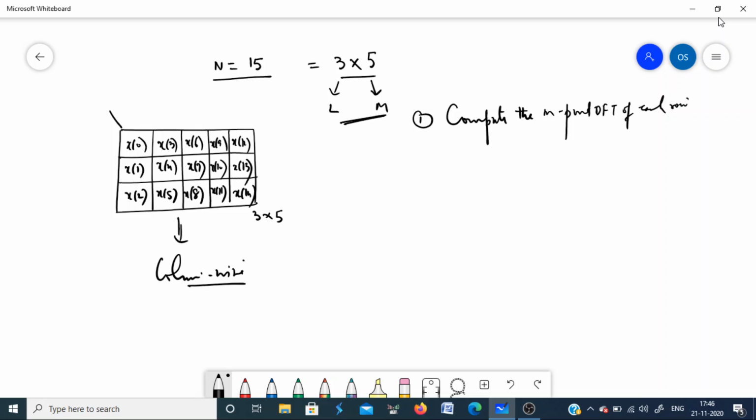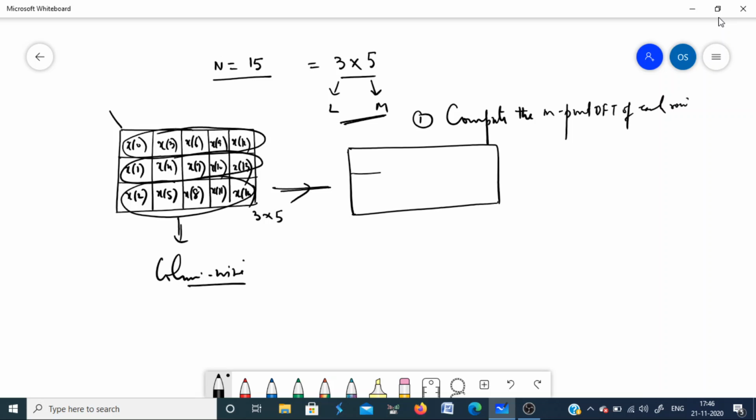Now in this case N is 5. It means I have to compute the 5-point DFT of the first row, then 5-point DFT of second row, then 5-point DFT of third row. So if you compute the 5-point DFT of these rows, you will get a new matrix, again of order 3 cross 5.